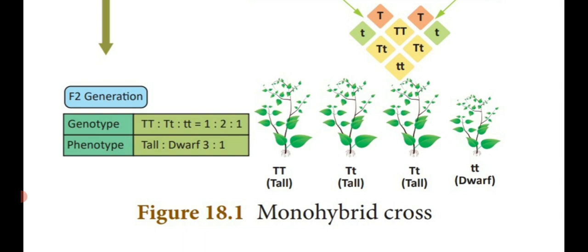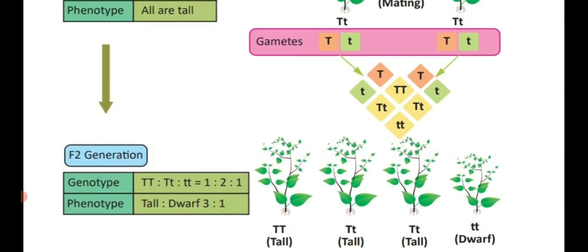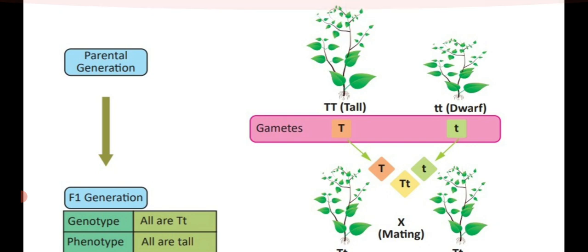What is the number here? 2 in number. The last one, small tt. This is the homozygous recessive pure breeding dwarf plant. That is the genotypic ratio of monohybrid, 1:2:1. So this is the diagrammatic representation of monohybrid cross.